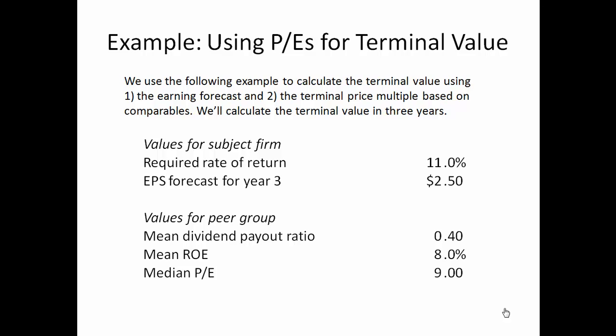So from the peer group, we see the mean dividend payout ratio is 0.4, or say 40%, and the mean ROE is 8%, and the median PE ratio is 9. So as you see, for the company that we want to value, we try to get a peer group and try to find the average, mean or median value of some major ratios from the peer group.